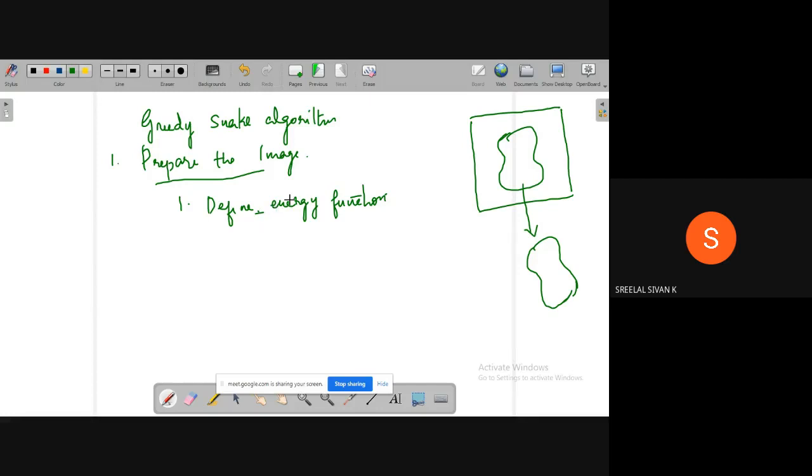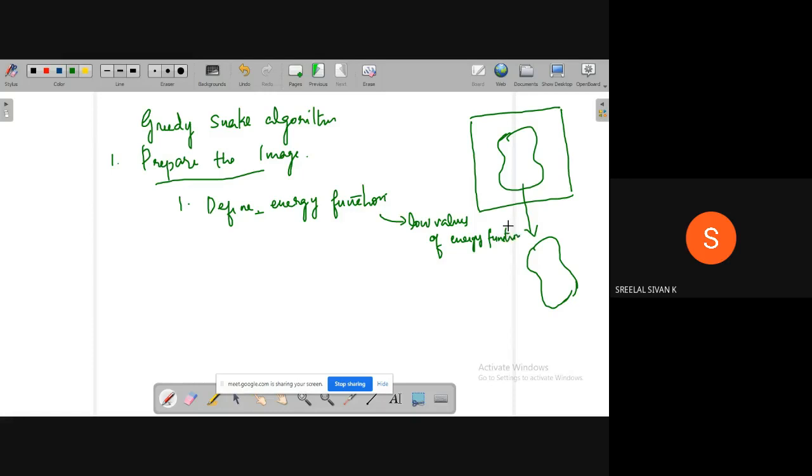The main objective of this energy function is to take low values for points located on the actual boundary. Some low values of gray level or low values of gradient will be taken using that energy function. So low values of the energy function will be taken for the processing.